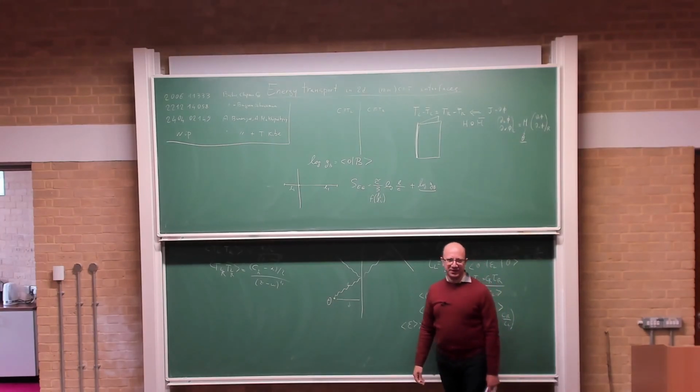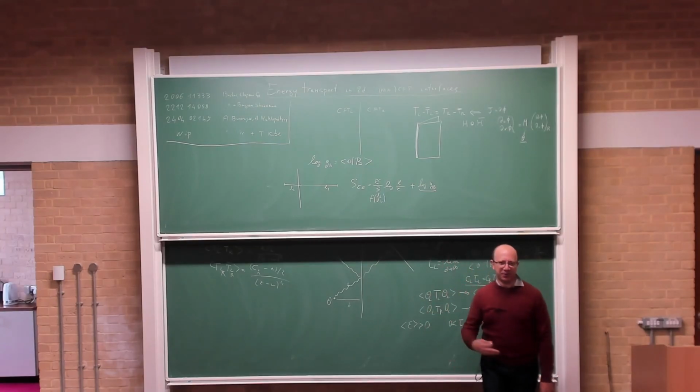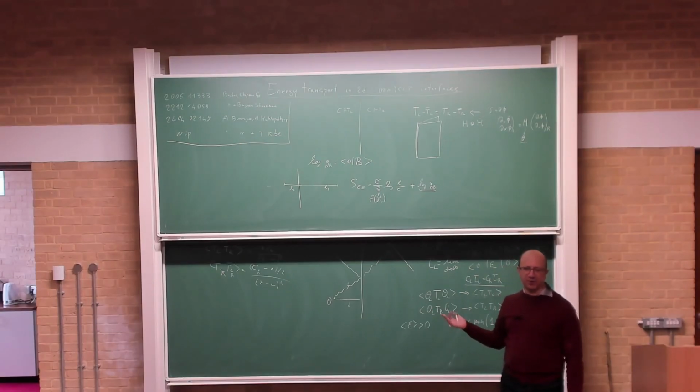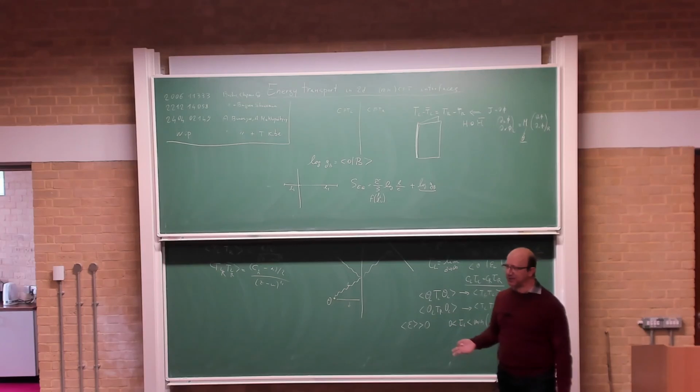Yes, it's similar. It's one property of the interface, but it's different from G. One difference is, for G we don't know it's universal, but what does it mean?